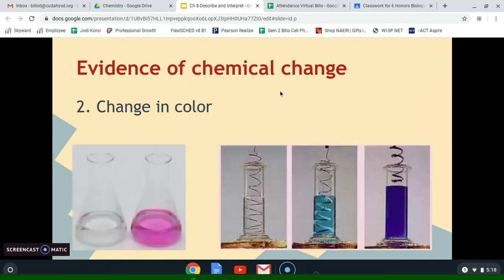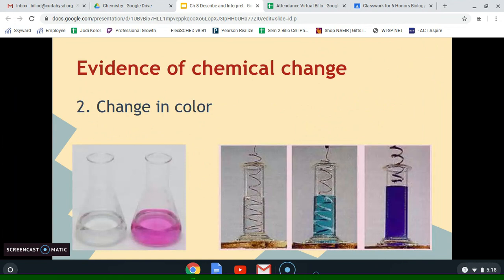Another example we took a look at are changes in color. The one on the left, what you're seeing there is an acid-base reaction with an indicator called phenolphthalein. The beaker on the left is clear, but it contains a base solution of sodium hydroxide. When I insert phenolphthalein, an indicator, it actually reacts with that to form a pink color.